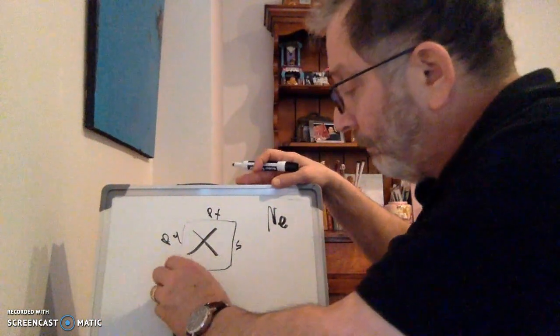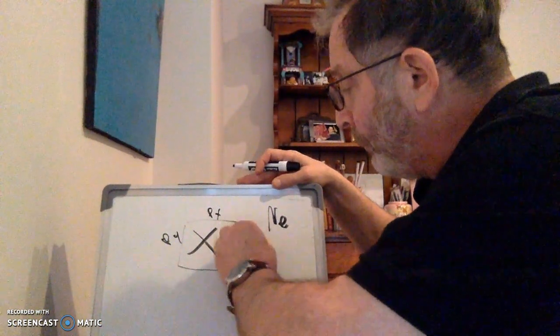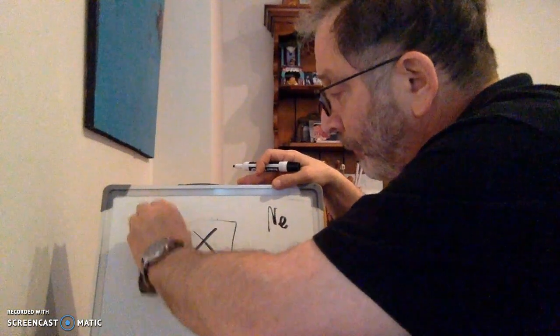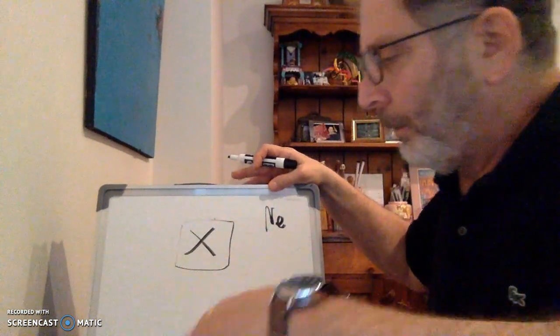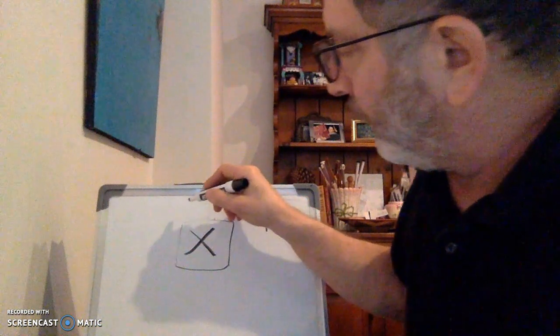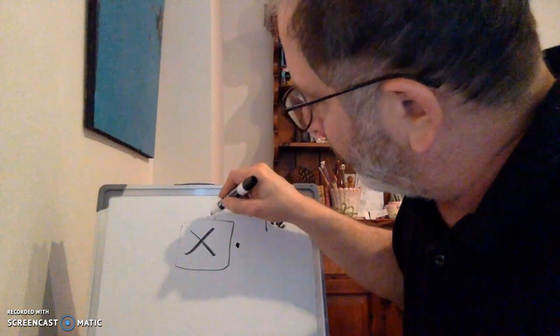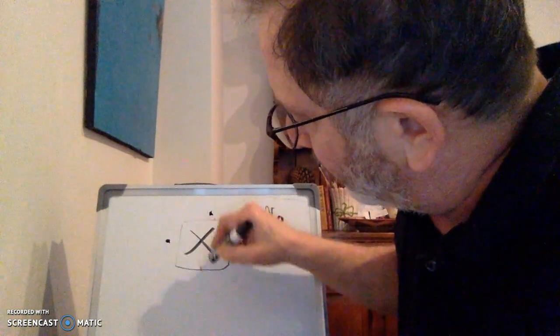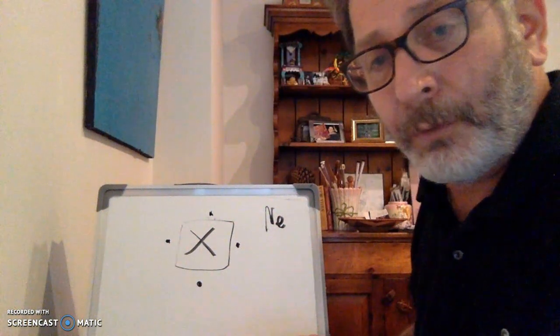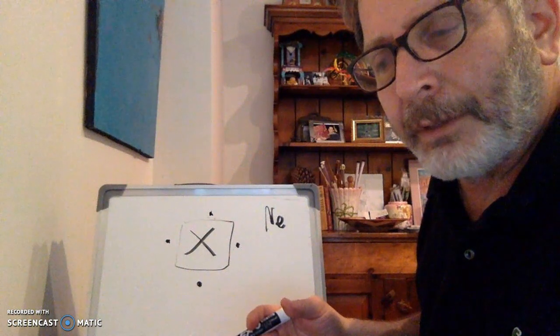We put a dot. Now, according to Hund's rule, which I never went over, they fill up like this. 1 goes here, the second one goes here, the third one goes there, the fourth one goes there. That's 4. But what if there are 5 valence electrons?